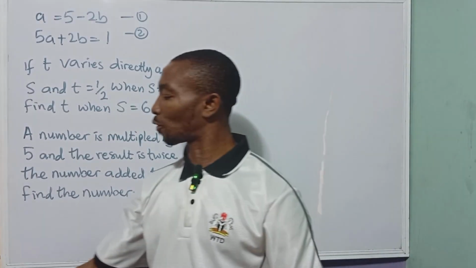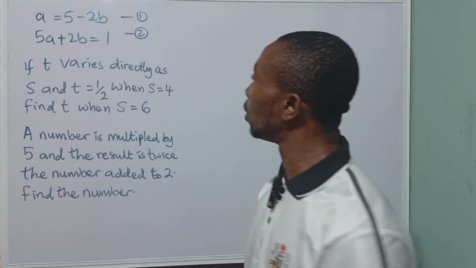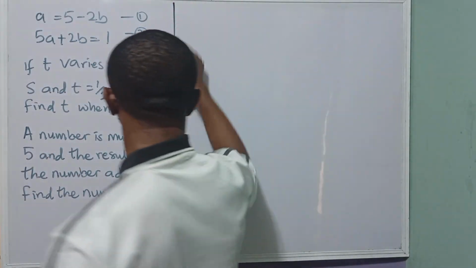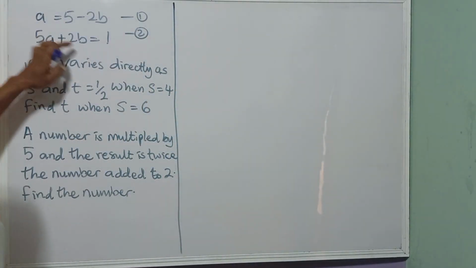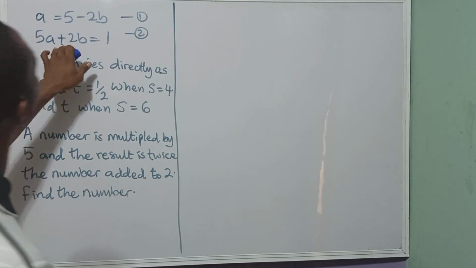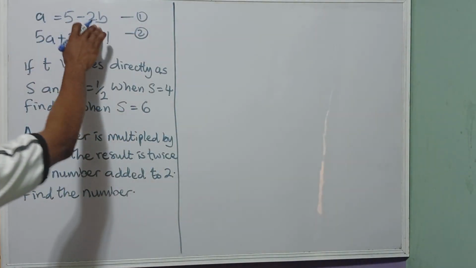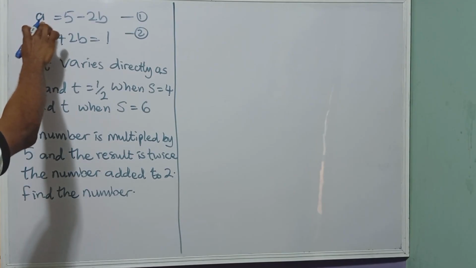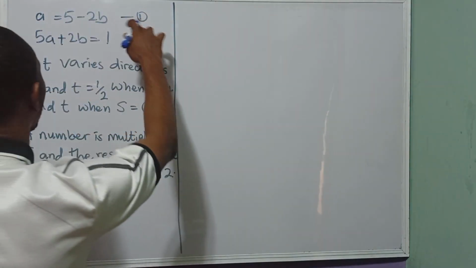Alright guys, so our next set of questions says we should solve the simultaneous equation. Now, in solving a simultaneous equation, we are looking for the variables A and B. Now we can substitute directly using the substitution method. Since we've been given equation 1, from equation 1 we have A equals 5 minus 2B.